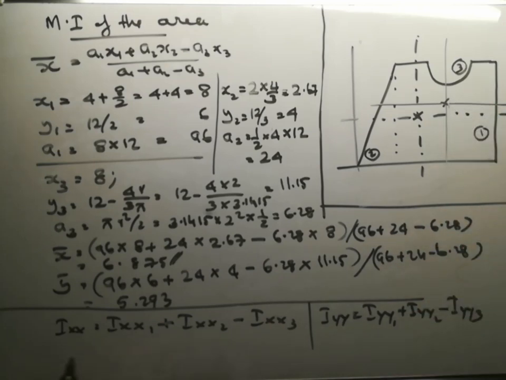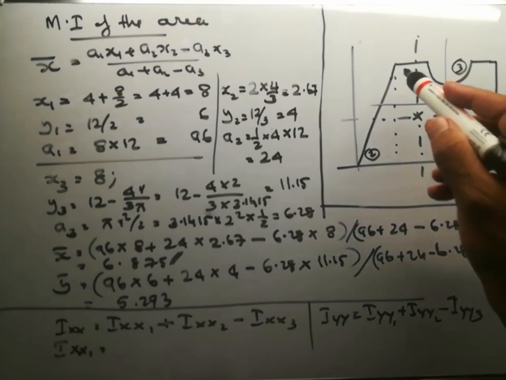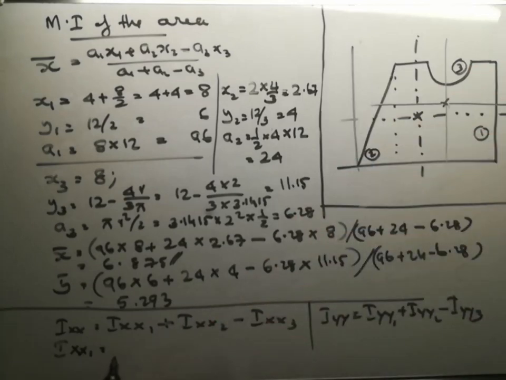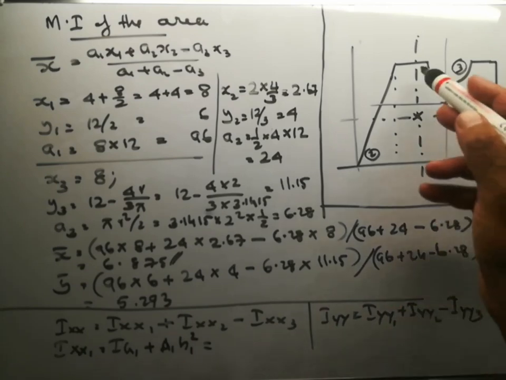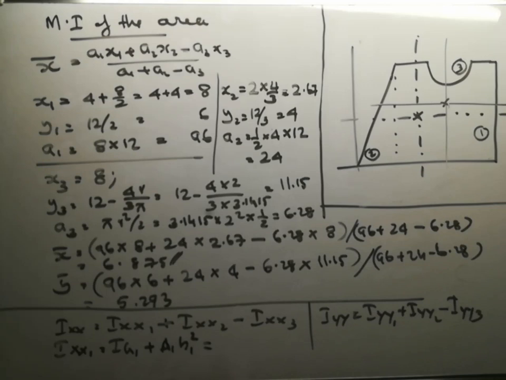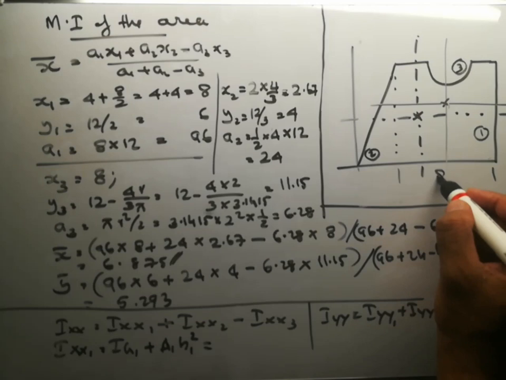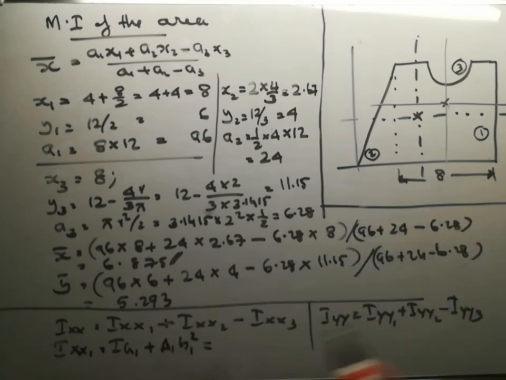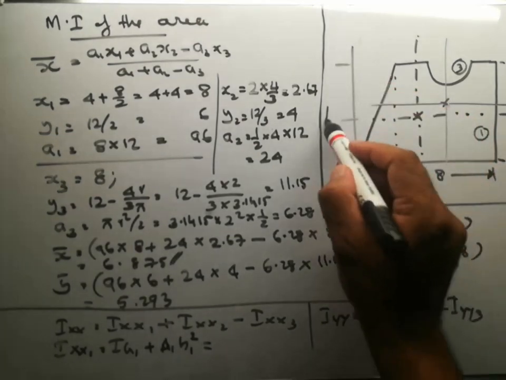So Ixx1 is equal to Ig1 plus A1 H1 square. Ig1 is B H cube by 12, where B is 8 and the height is 12.